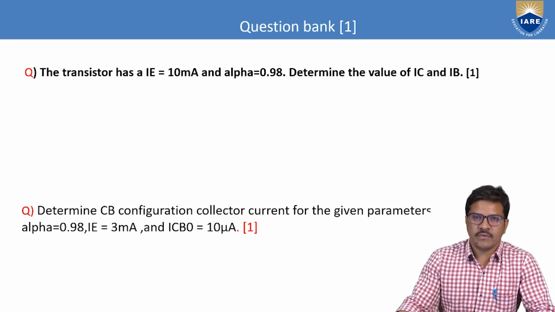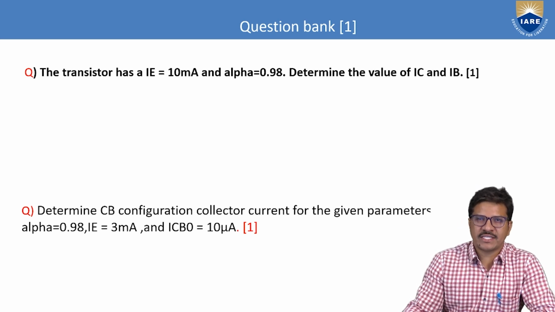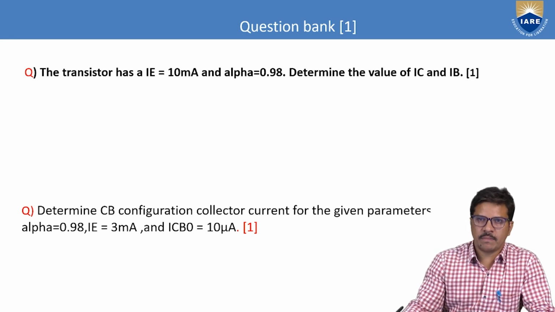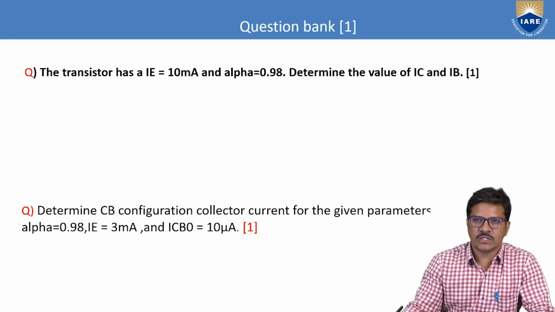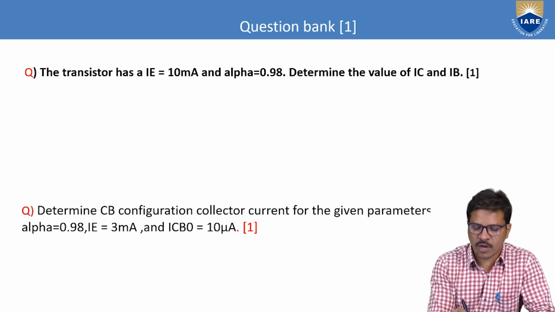Then we will see the next problem. A transistor has emitter current IE equal to 10 milliampere, and alpha is equal to 0.98. Determine the values of IC and IB. Basically, the problem gives IE and alpha.